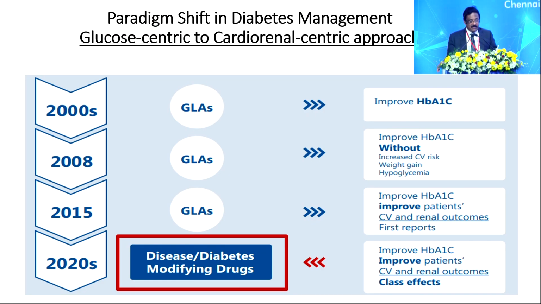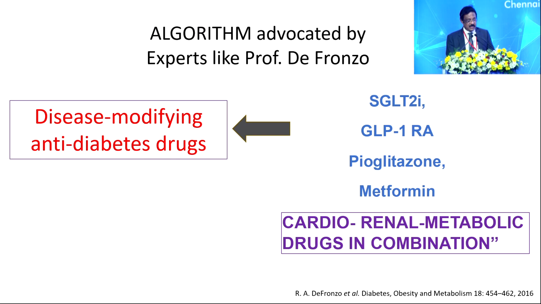This is the paradigm shift that we noticed from 2000. The glucose lowering agents improved only HbA1c, and we were looking only at hyperglycemia and weight gain. From 2015 onwards we started looking into the cardiorenal and metabolic complications, and only around 2020 have we classified these drugs as disease modifying drugs, which improve not only HbA1c but also the basic parameters that affect cardiorenal metabolic factors.